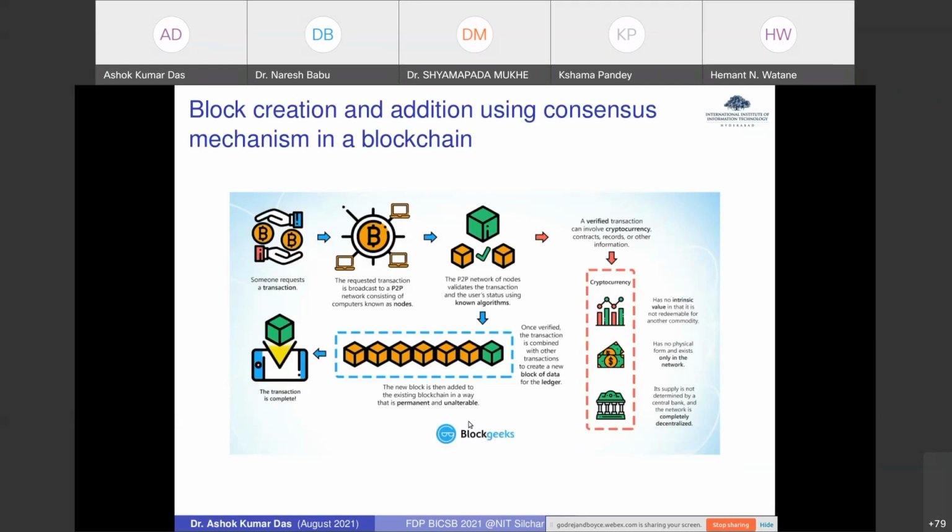That block cannot be removed or updated with any other transactions, and in that case we call the transaction complete. So this is a typical Bitcoin transaction, where a Bitcoin is created, then mined using a proof of work consensus mechanism, the transaction is added to a block, and the new block is added to the blockchain.